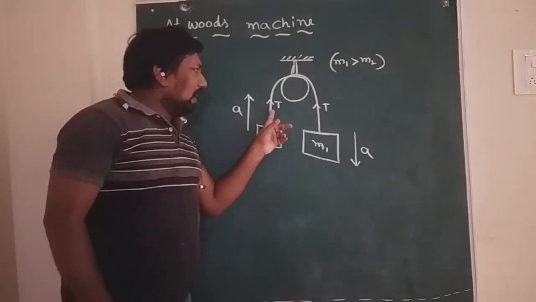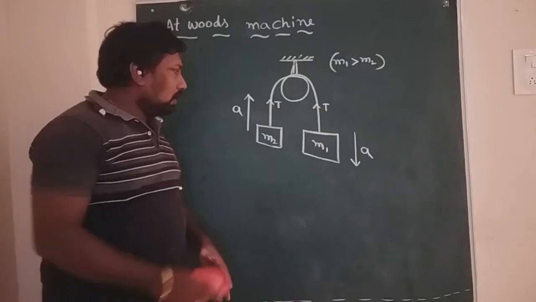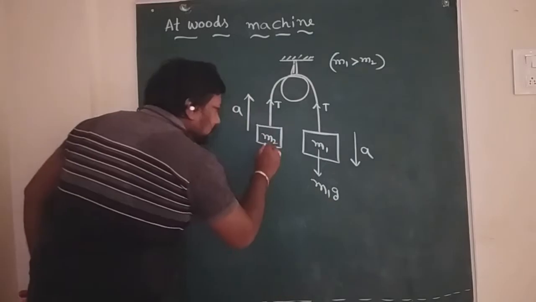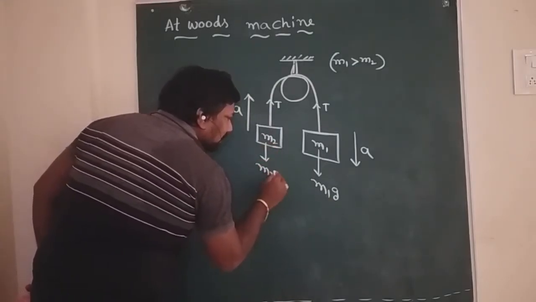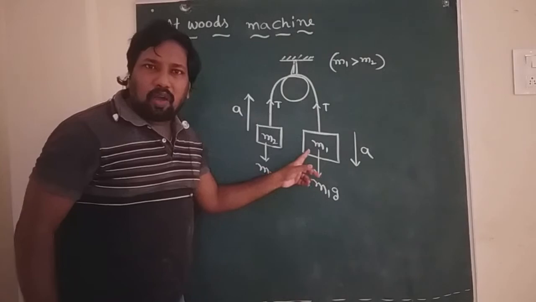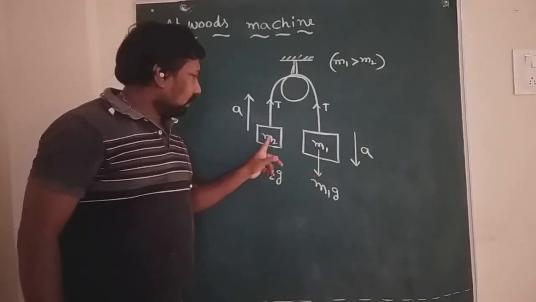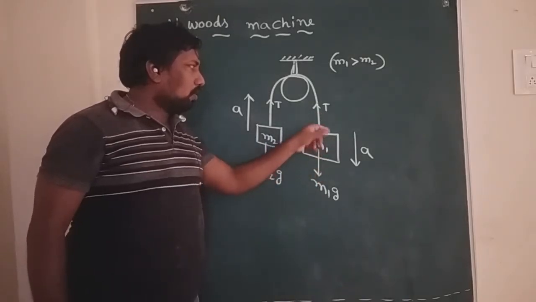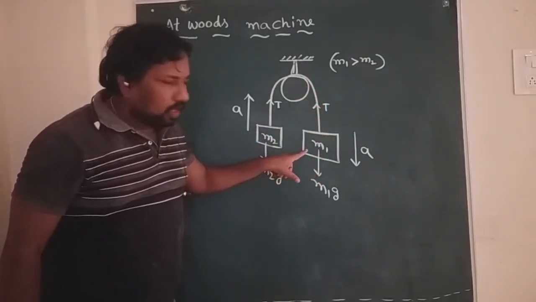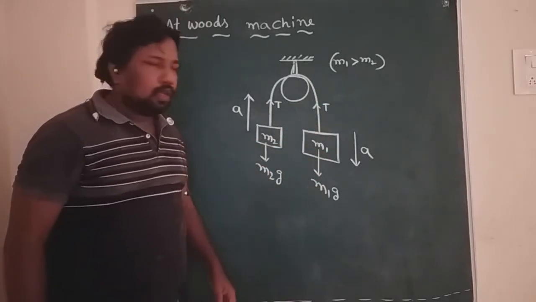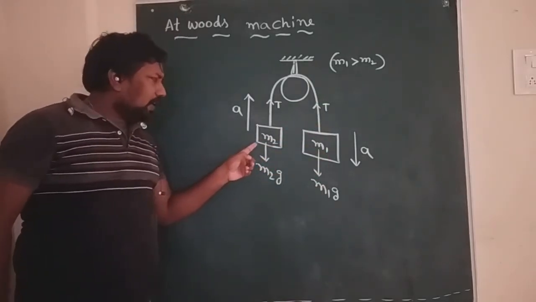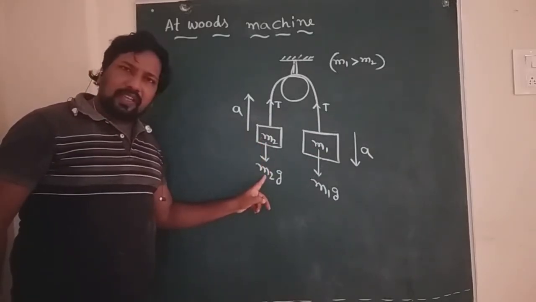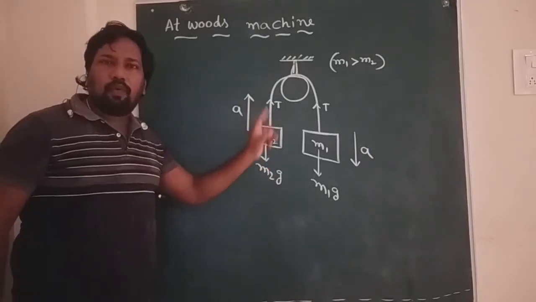So here tensional force acts in the upward direction and weights in vertically downward directions. In this case M1 block is larger than the M2 block. Tensional force acts on the M1 block vertically upwards, weight of the M1 block vertically downwards, and for the other block, weight of the second block vertically downwards, tensional force vertically upwards.